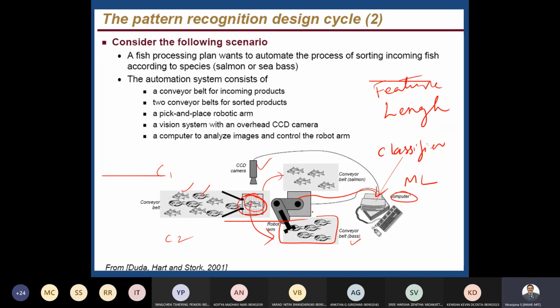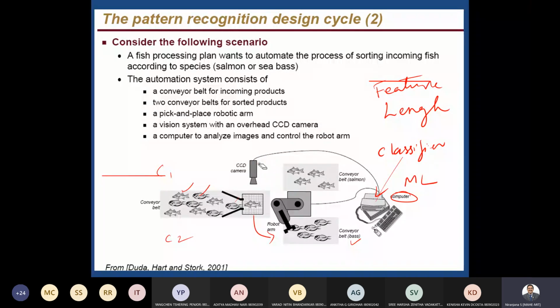That decision will actuate the motor, and that motor helps you to move the robotic arm in such a way that this arm will go left or right and suitably drop the fish onto the conveyor belt of interest. If the fish is identified as salmon, it will just drop it on this conveyor belt. If it is sea bass, then it will just drop it here.